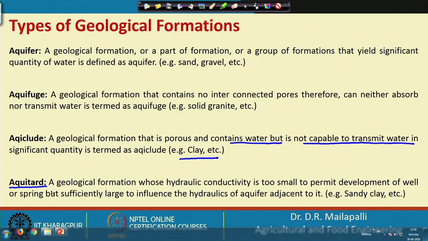It also absorbs water, but it is not going to transmit water, though it definitely influences the neighboring aquifers. The hydraulic conductivity is too small to permit development of a well or spring, but sufficiently large to influence the hydraulics of the adjacent aquifer, like sandy clay. So, these 4 are the important geological formations we need to consider here.